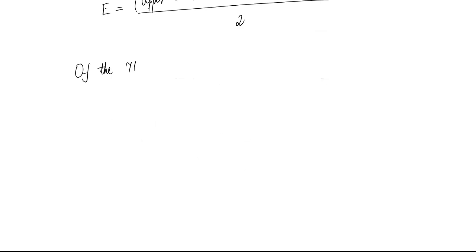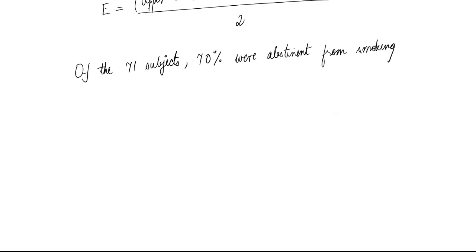Of the 71 subjects, 70% were abstinent from smoking at 8 weeks. This is what the journal reported, okay? So this is, at 8 weeks. Yes, I shouldn't talk when I'm writing.